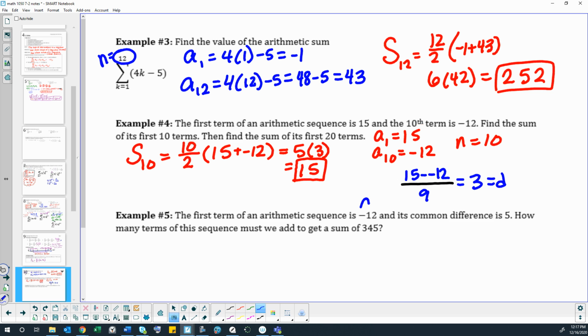So that means our a sub n formula is 3 times n. Well, now we need to figure out what the first number needs to be. Oh, I've done something wrong here. Oh, I was suddenly thinking it should be negative 3. Yeah, right. I did do that wrong.